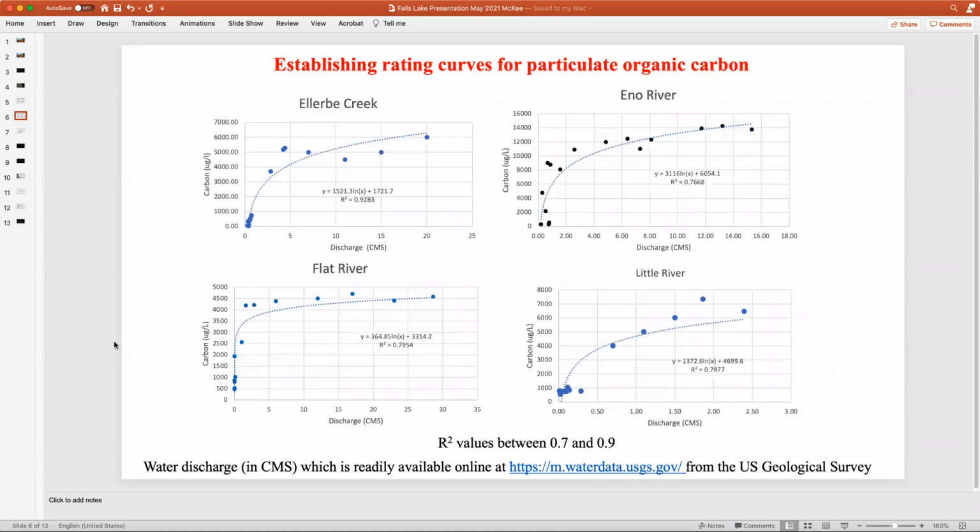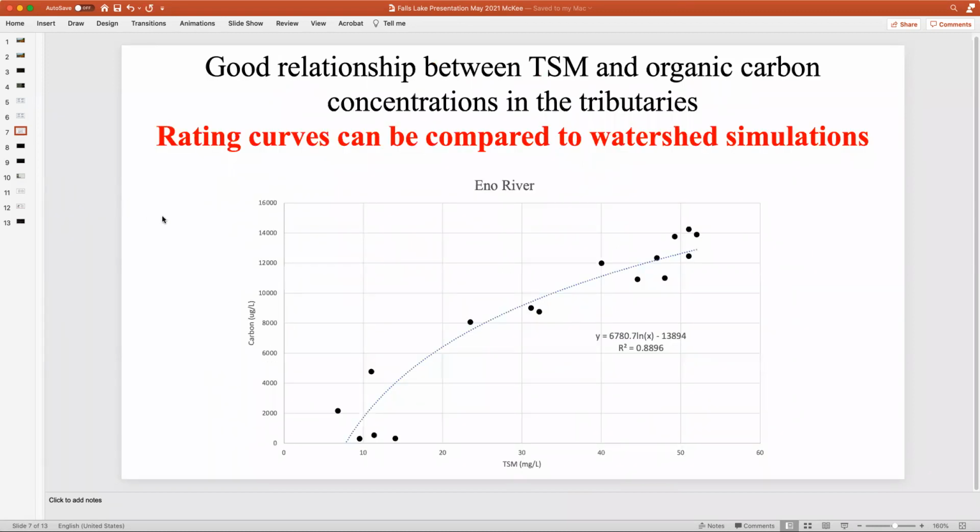We also established rating curves for particulate organic carbon in micrograms per liter. And again, there seems to be more of a logarithmic increase in particulate carbon entering the lake as discharge increases at all of these sites. And again, our R-squares are between 0.7 and 0.9. So relatively good coherent values.